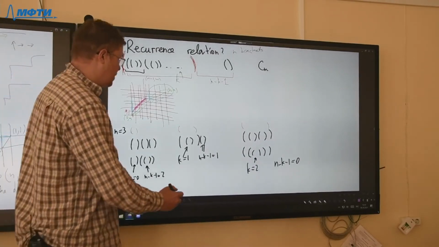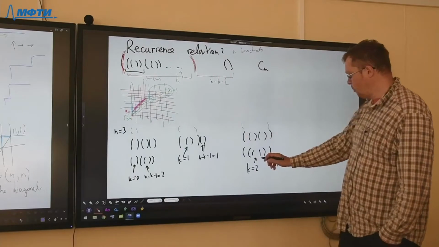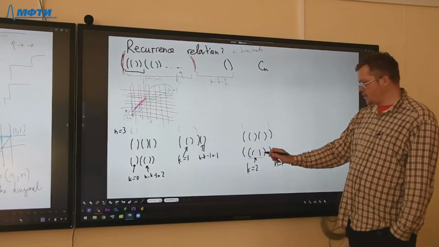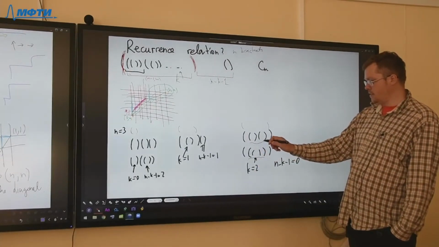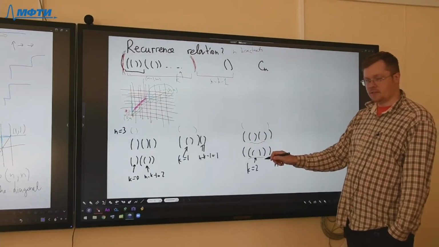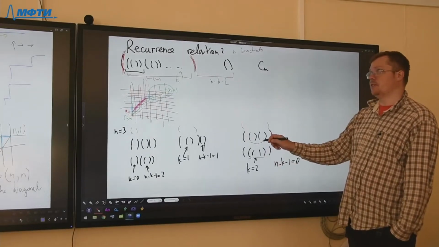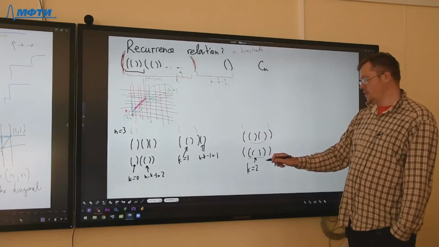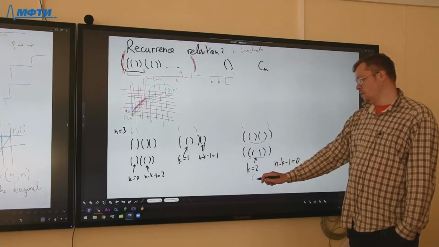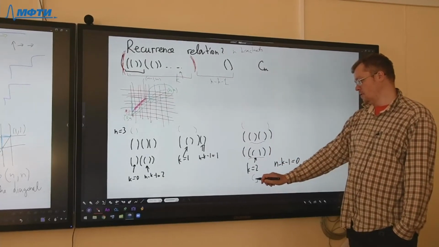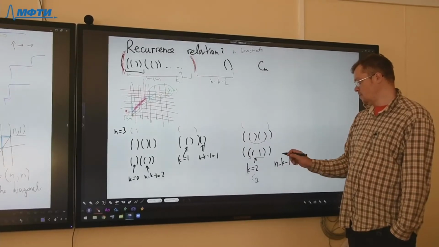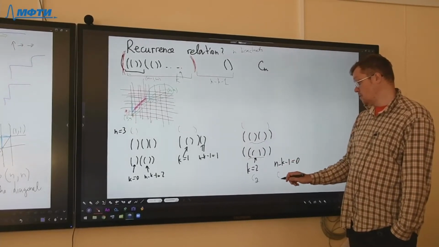So, for example, here inside, I will have again the correct sequences of brackets. Yes, correct sequences of brackets. How many correct sequences of brackets are there? C2, yes. And outside is C0.